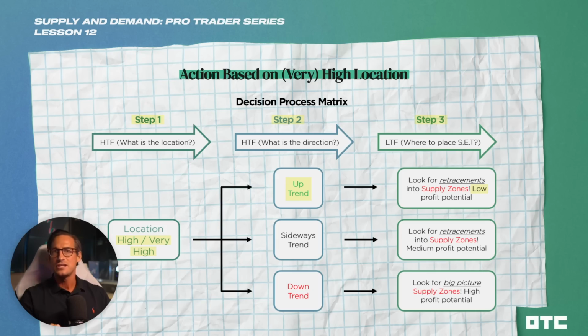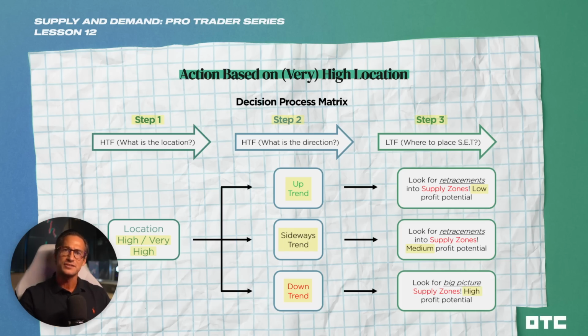However, if the HTF is in a sideways trend and the zone is positioned high on the HTF, the profit potential improves to a medium level compared to the counter trend scenario, though it's still only moderate. On the other hand, if we are in a downtrend and our LTF zone is positioned high or very high, this setup provides the highest profit potential among the three scenarios.